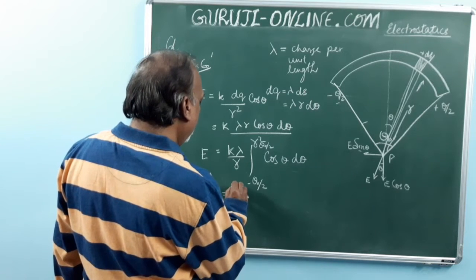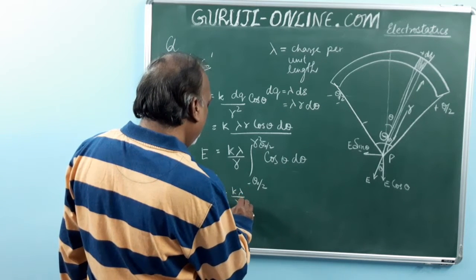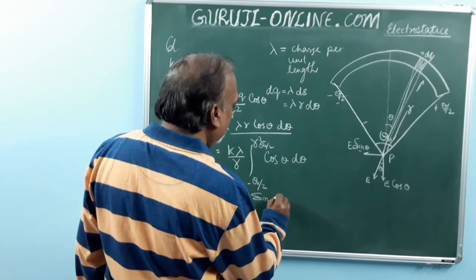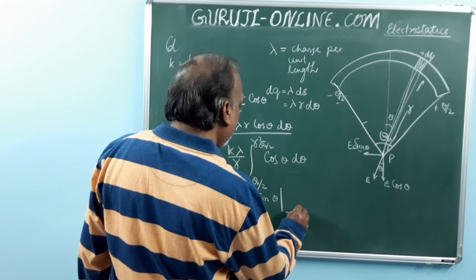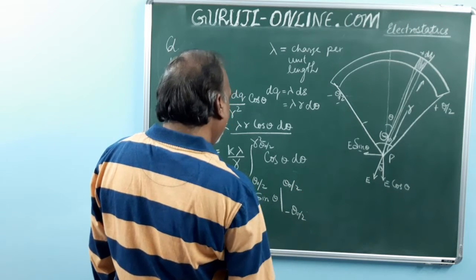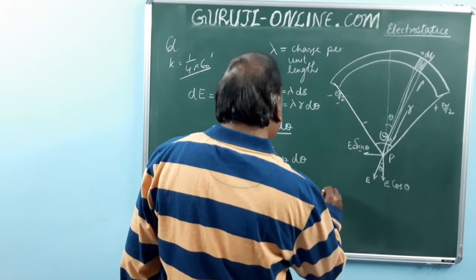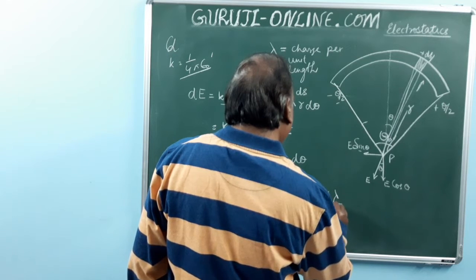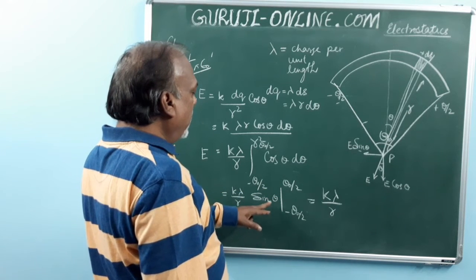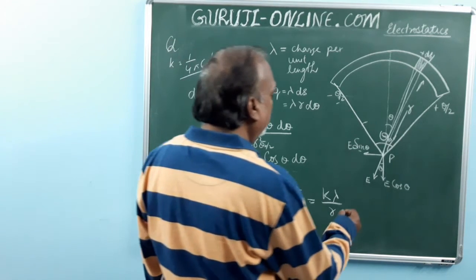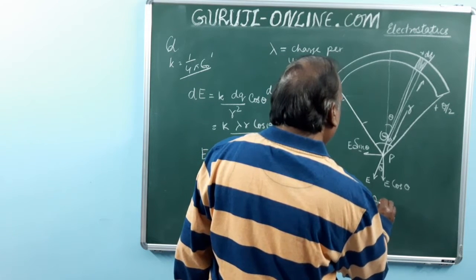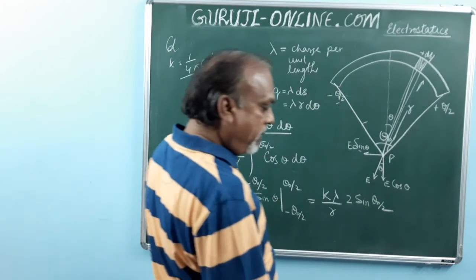So this will be nothing but k lambda by r, 2 into sine theta 0 by 2.